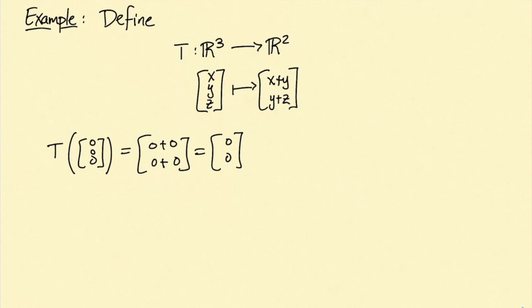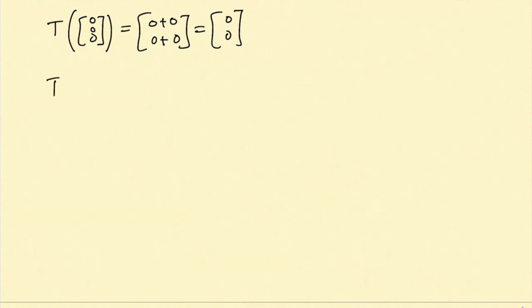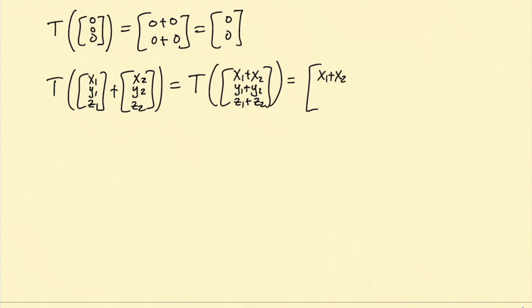Next, we check that our function is in fact additive. We take a vector x1, y1, z1, and another vector x2, y2, z2. We first add those together, then apply T. When we apply T to this vector, we add the x-coordinate, x1 plus x2, to the y-coordinate, y1 plus y2. Then we take the y-coordinate, y1 plus y2, and add it to the z-coordinate, z1 plus z2.